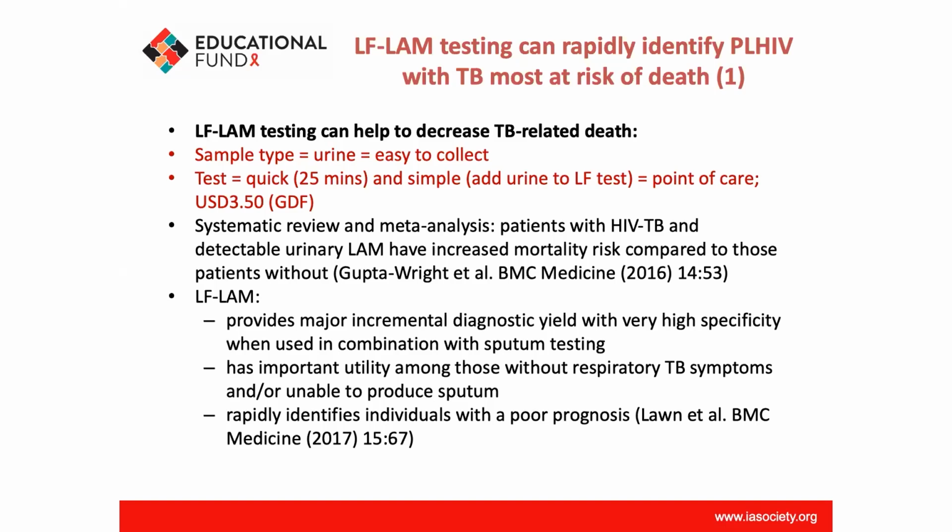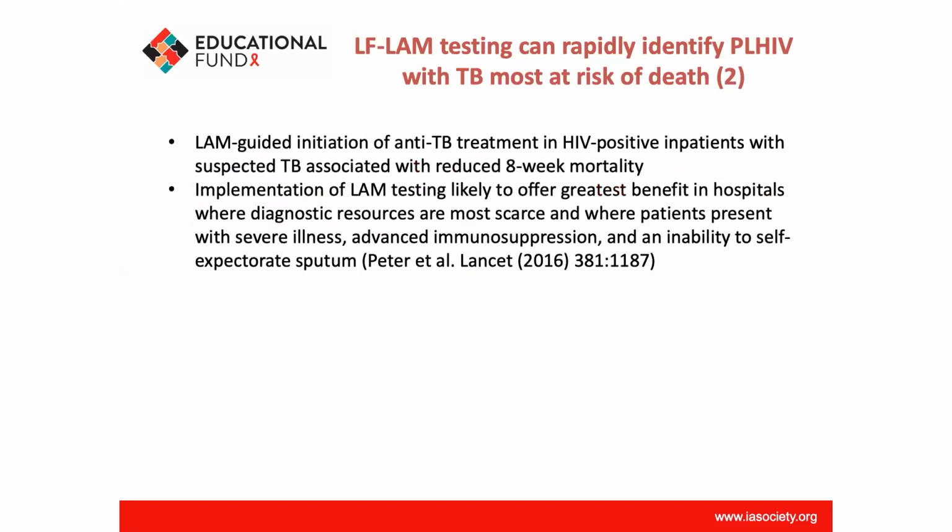There was another study by Lawn et al. showing that it provides major incremental diagnostic yield with very high specificity when used in combination with sputum testing, has important utility among those without respiratory TB symptoms who are unable, for example, to produce sputum, and rapidly identifies individuals with a poor prognosis.